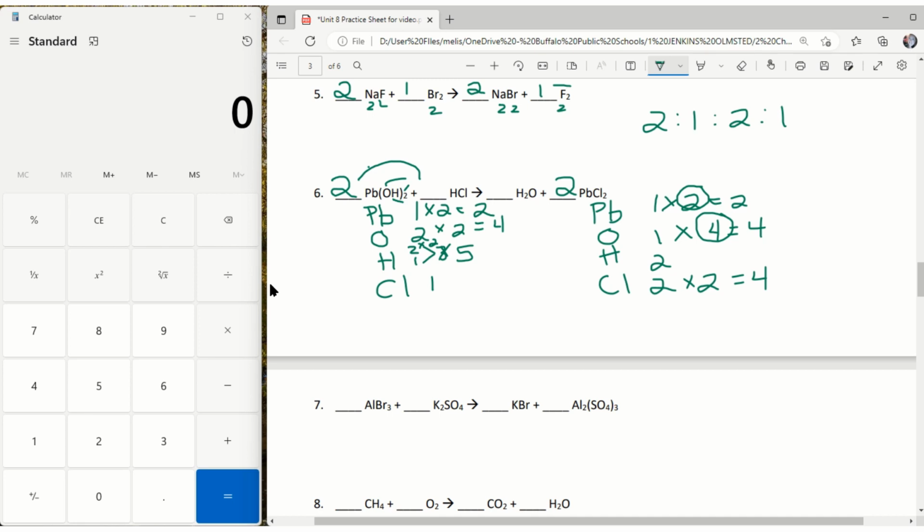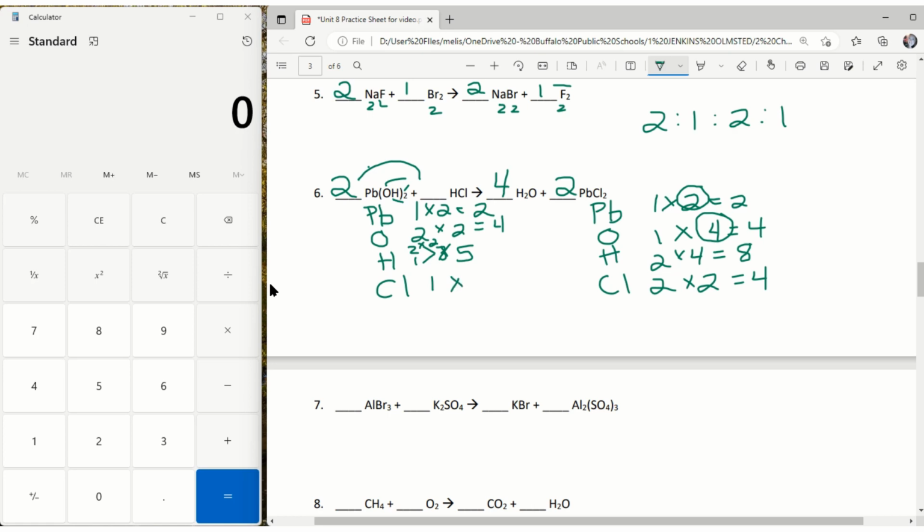So this 4 becomes the coefficient here, right? But when I do that, it also changes the H. So this is times 4, which gives me 8. And this H is like a mess, so if I could leave that to the end, that would be beautiful. I would love it. So let's try and fix CL.